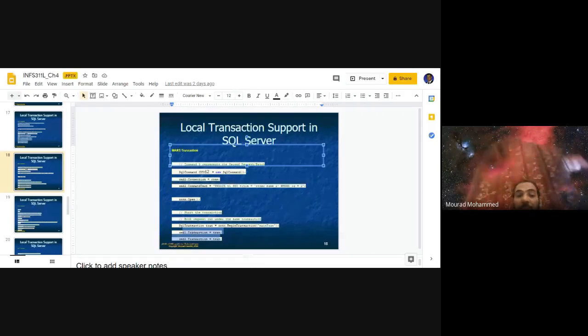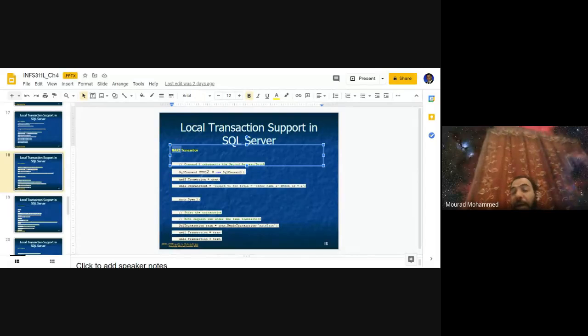Thus, a MARS transaction means a multiple active result sets transaction base. In a scenario like this, CMD1 has to have its results to finalize. And the same way, CMD2 has to have its own results set, which are completely separate.